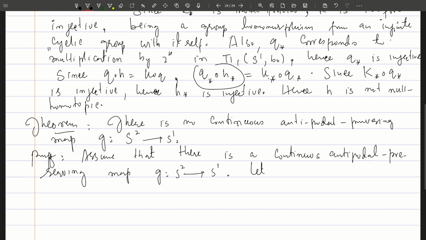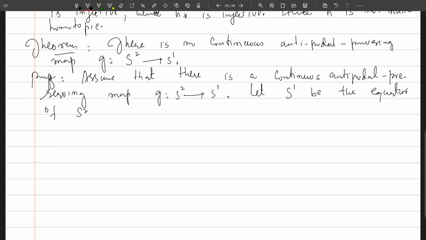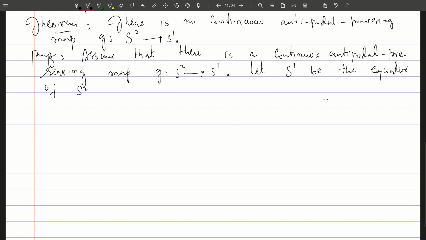So what is our assumption here? We have S2 here, and we assume there's a map G which is continuous and antipodal. Now this is the equator of S2 and this is equal to S1.